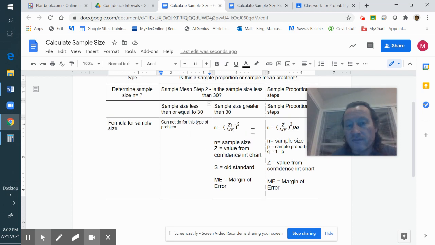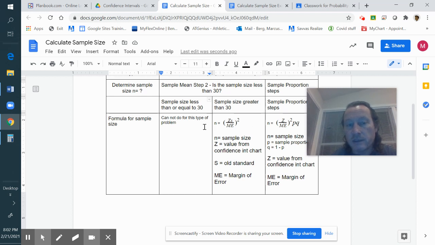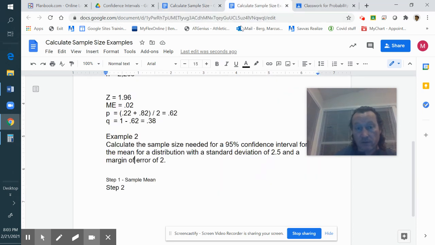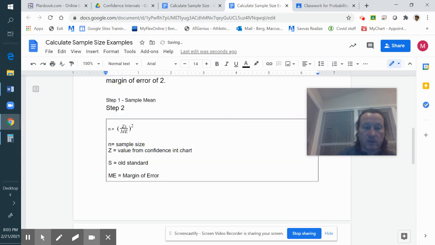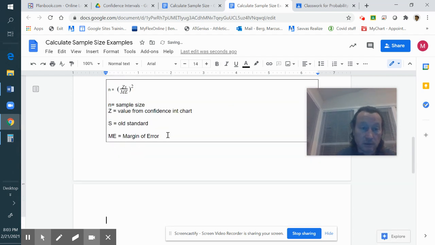So this is only for finding sample sizes larger than 30, and we're only using the z. So basically we're doing the same thing. We're going to find our z, but we have some different pieces here. So I'm going to take this, and you guys can do this too. Whenever you're doing a problem, if you want, you can just grab it from the notes.